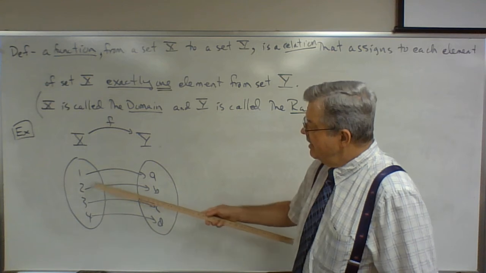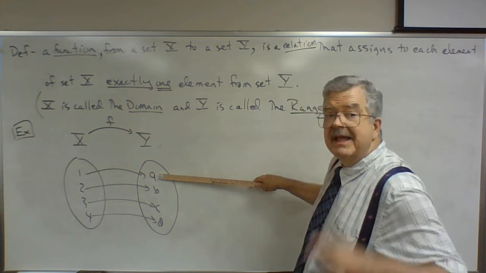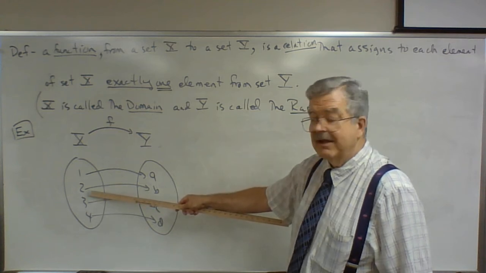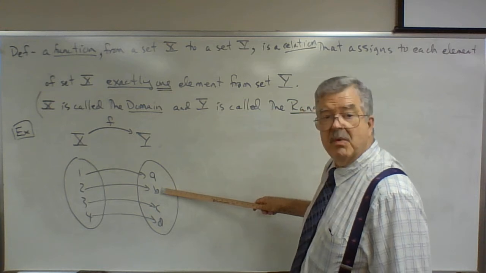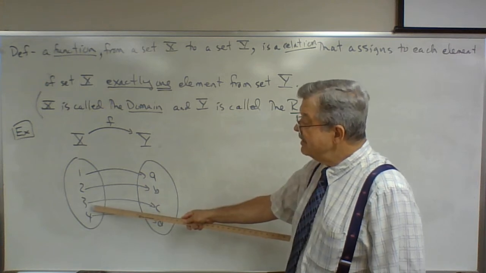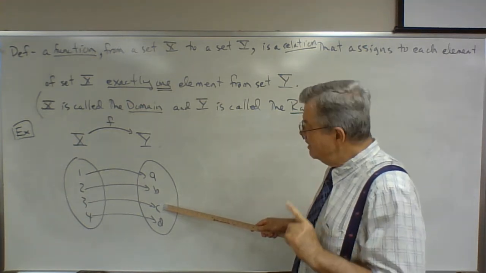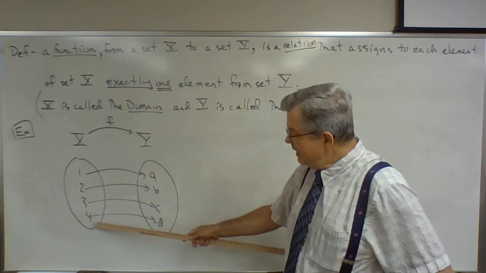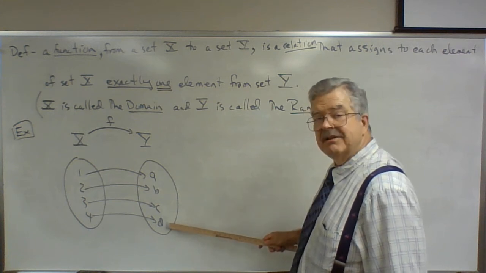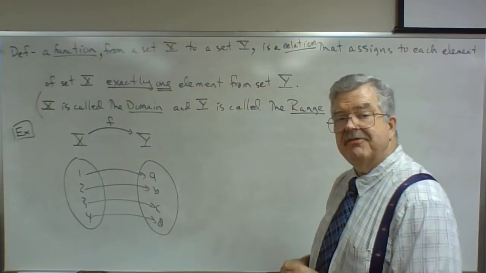Does that happen? This element 1 in set X is assigned the element A from set Y, exactly one element from set Y. This element 2 in set X is assigned the element B from set Y, exactly one element from set Y. This element 3 from set X is assigned the element C from set Y, exactly one element from set Y. And this element 4 from set X is assigned the element D from set Y, exactly one element from set Y. So yes, this is a function.